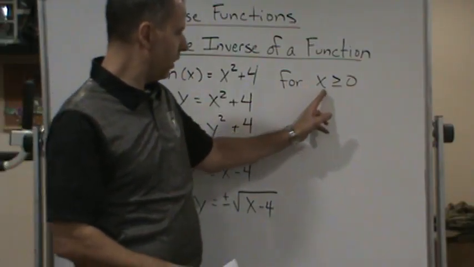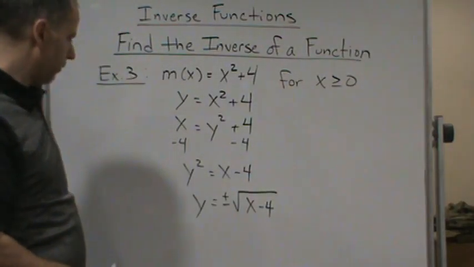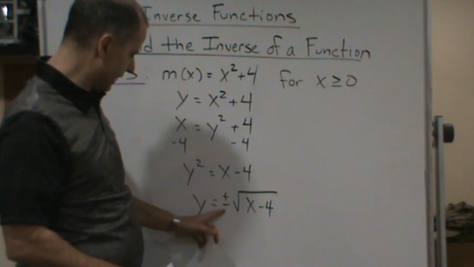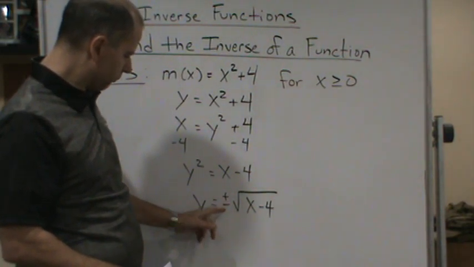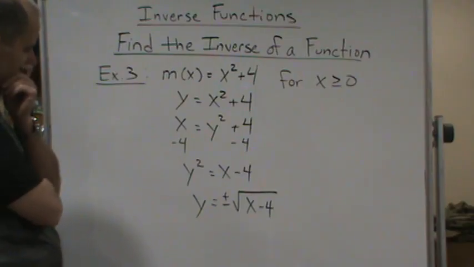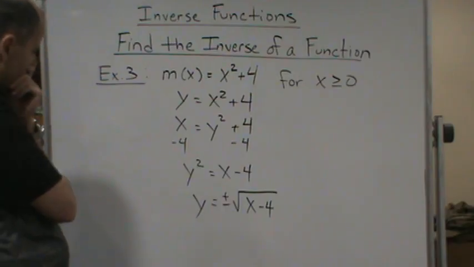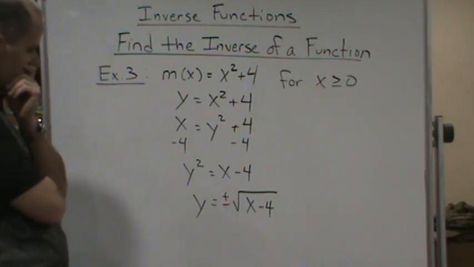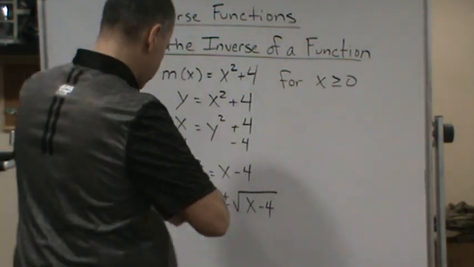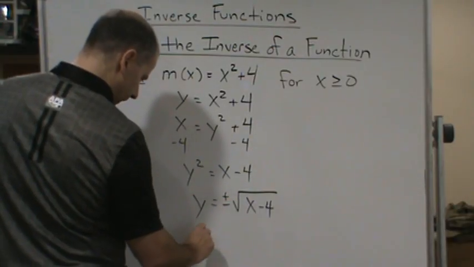But since we're only interested in x being greater than or equal, right? Because in this case here, well, let me think. Yeah, this is fine, because if this is the inverse, right? So hold on a second. I'm sorry, I was getting ahead of myself.